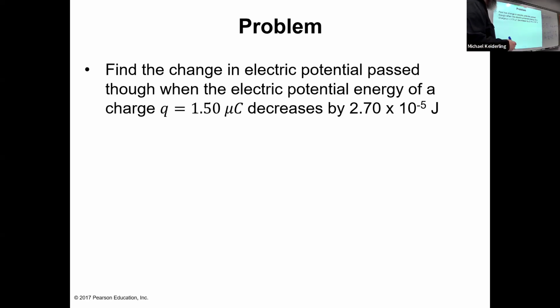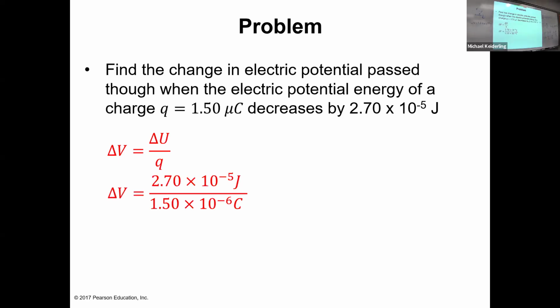We know delta U and Q. Delta V, the change in electric potential, is delta U over Q. So that's 2.7 times 10 to the minus 5 joules over 1.5 times 10 to the minus 6 coulombs, which is a change in electric potential of 18 volts.